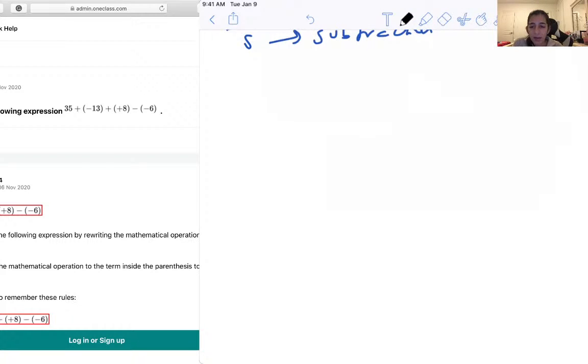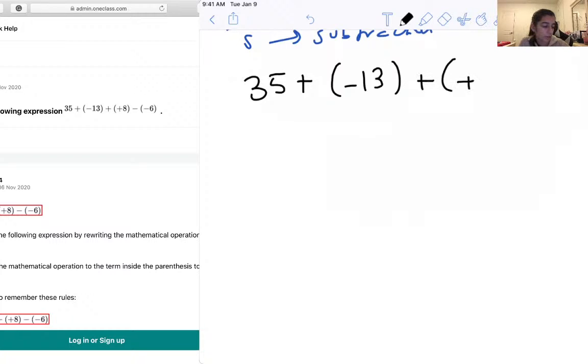We can add from left to right. So we can add 35 to negative 13, plus 8 minus 6.